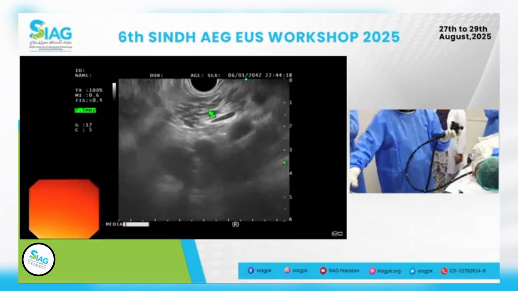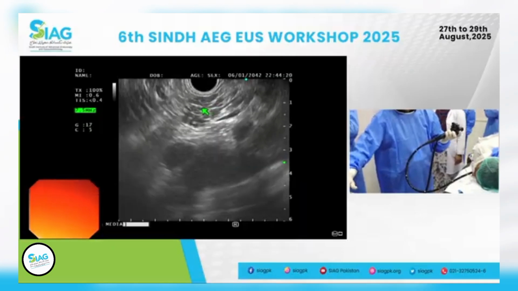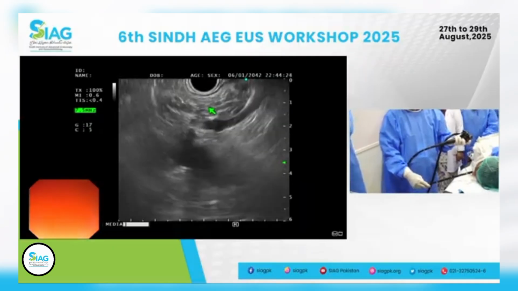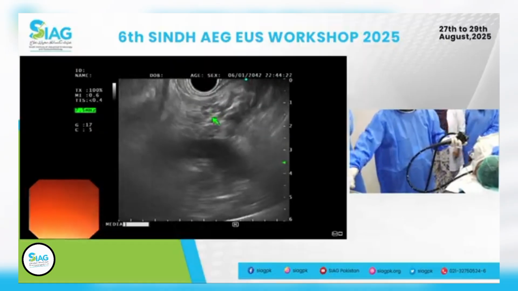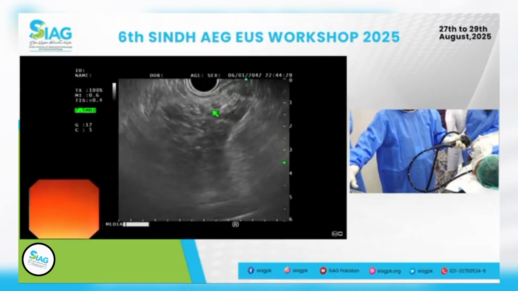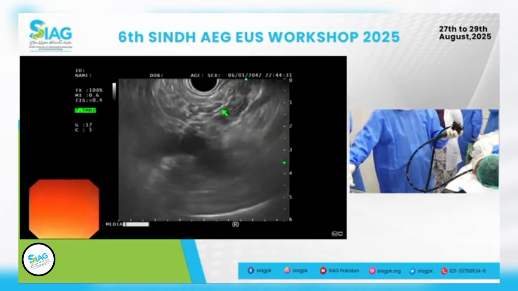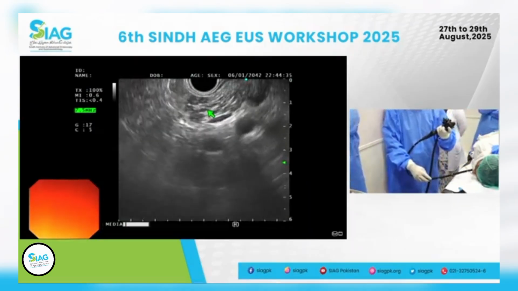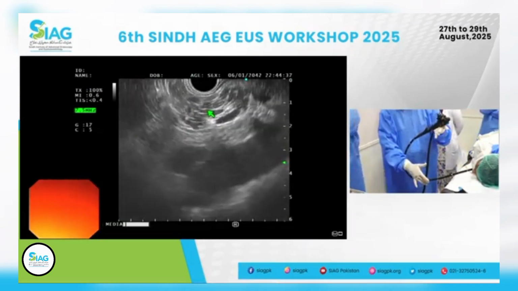When you go slightly towards the neck, right here, very small, but there are definitely changes of chronic pancreatitis right underneath the transducer, right here. It comes and goes. But anyway, the goal is to follow that pancreatic duct, and we have a pancreas right in the center.